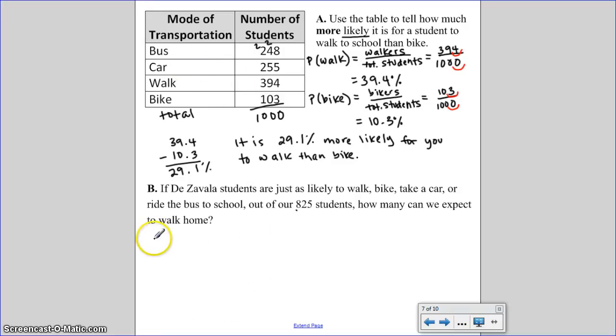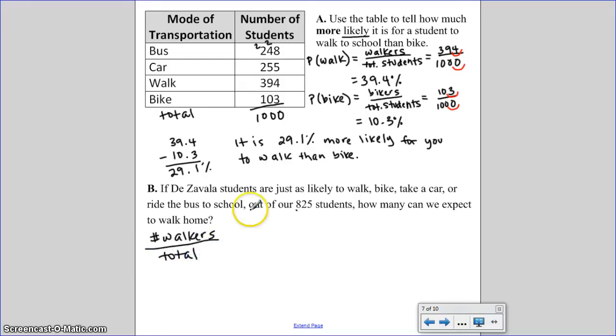So we also know that this is a proportional relationship. So we can set up a proportion box to solve this, to find out the number of students we expect to walk home. So that would be the number of walkers over the total.